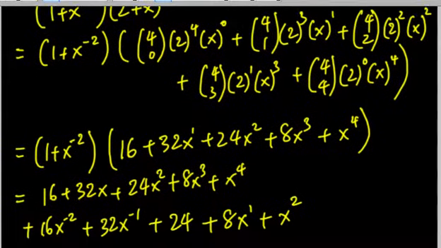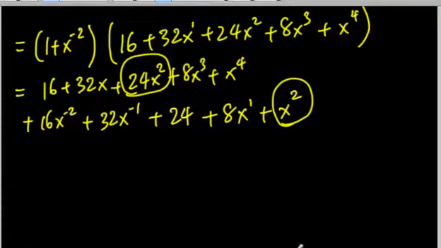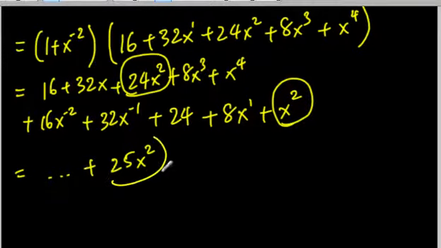So the only two terms we're really interested in are this term here and that term there. So in other words, the x squared terms are over here. So really, this is equal to whatever plus 25x squared. So if we want our answer, it's just 25x squared, and that's it.